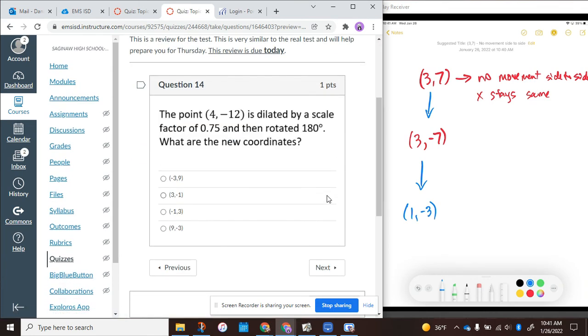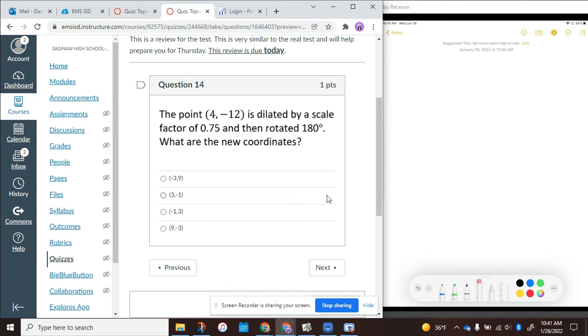Question number 14 is another dilation, and actually it's another composite question because it's got a dilation and it's got a rotation. So we start with the dilation. It gives us our scale factor right there, and we know that our original point is right here. What we're going to do to dilate is multiply both coordinates times the scale factor.